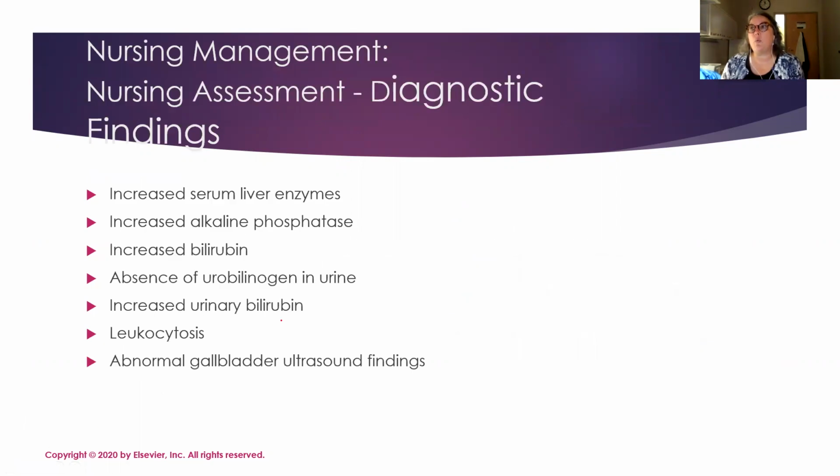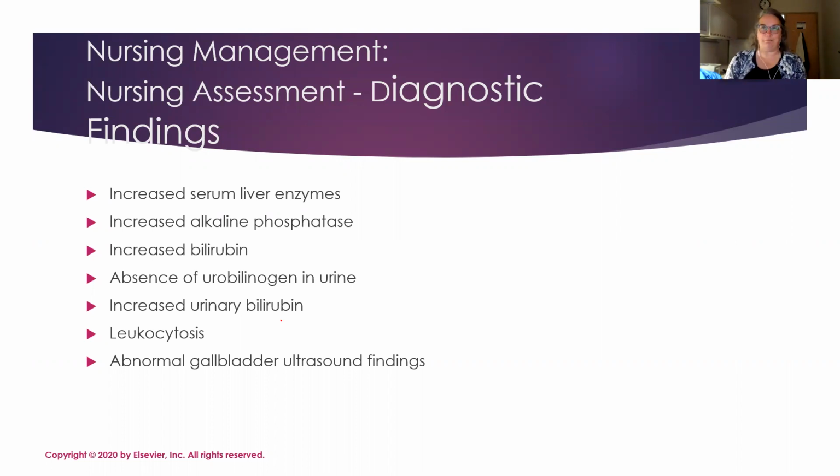So again, when we were talking about clinical manifestations, we talked about these two. So you're going to have increased serum enzymes, liver enzymes when their labs come back. We'll have increased alk phos, increased bilirubin, absence of urobilinogen in the urine.